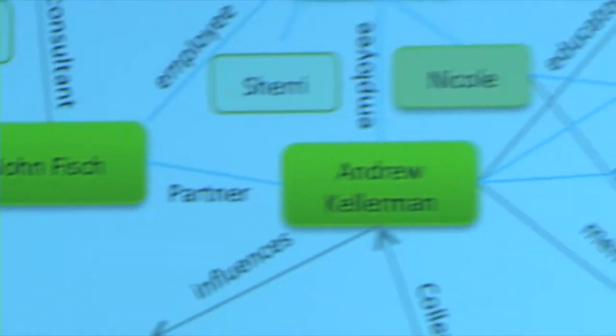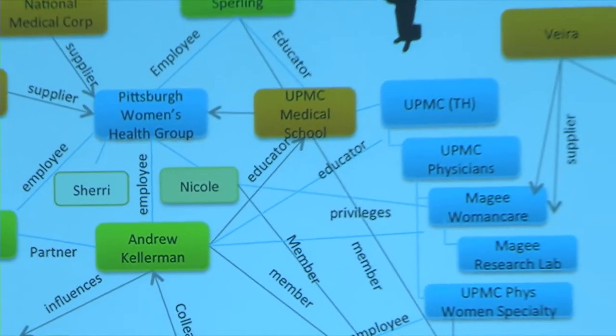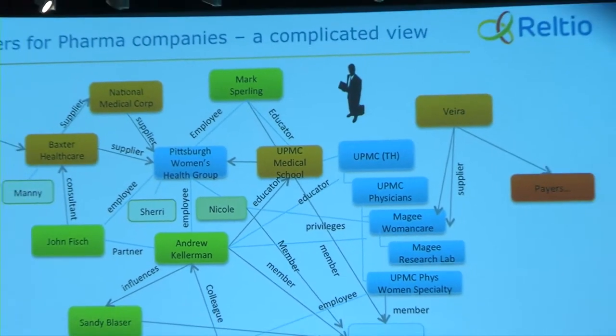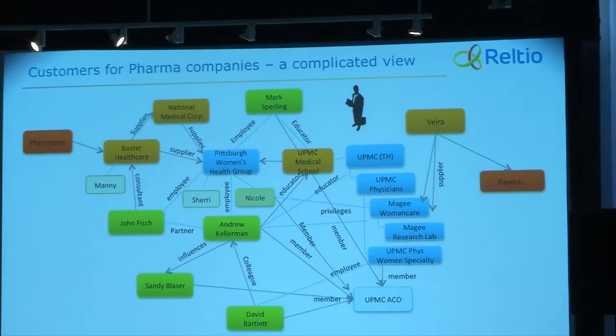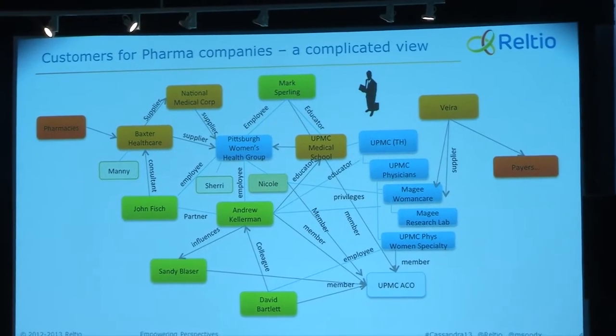And at the same time, these different individuals who are responsible for writing prescriptions, they also work for one or more clinics or hospitals, because rarely ever do you see a doctor who's not affiliated or working with more than one clinic or hospital.